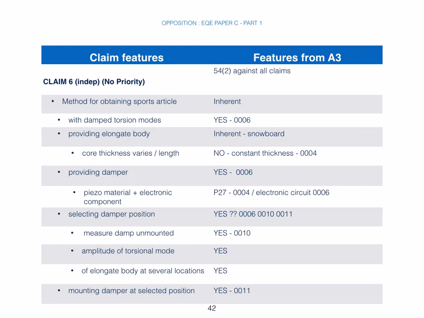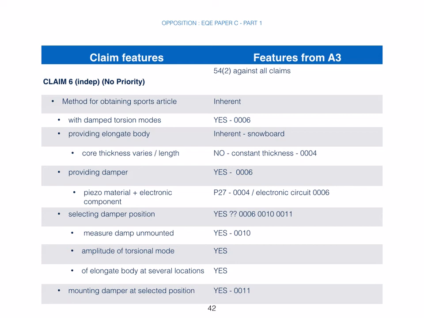So this is the method claim. Method of obtaining a sports article is inherent in claim in Annex 3. With damp torsion modes, yes, paragraph 6. Providing an elongate body, inherent, it's a snowboard. Core thickness varies with length, no, it's constant thickness. Providing a damper, yes, paragraph 6. Piezoelectric material plus electronic component for the damper is P27, paragraph 4, and electronic circuit, paragraph 6.